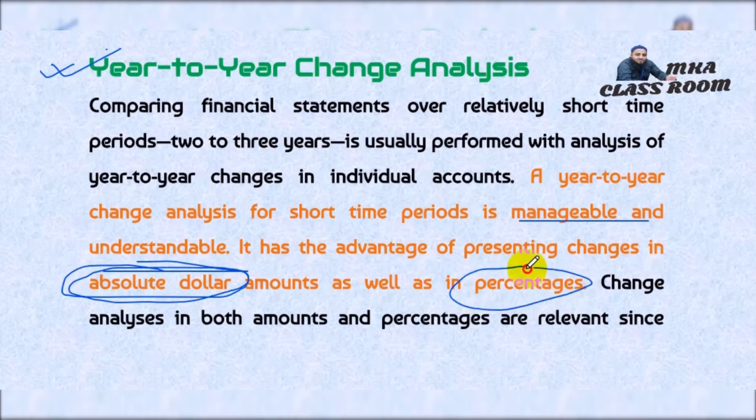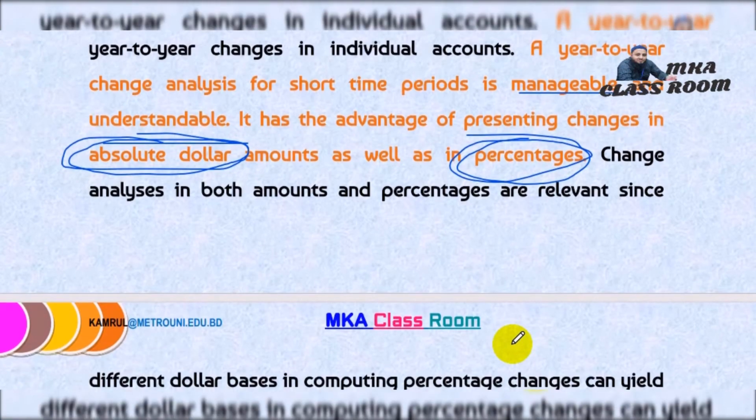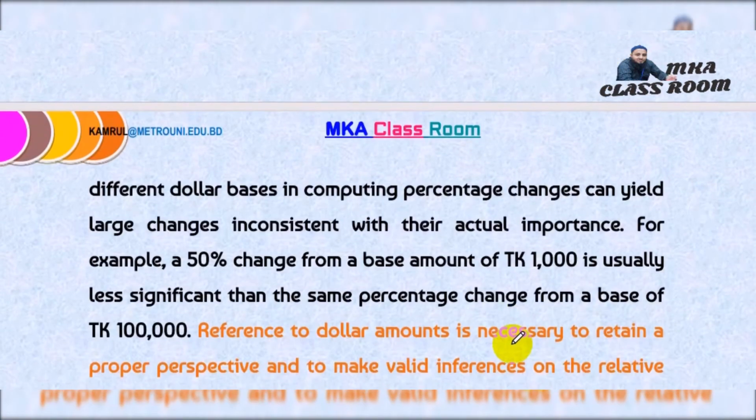So here is a very good thing. You can see the results in two ways. One is absolute dollar and another is percentage. Change analysis in both amounts and percentages is relative, since different dollar bases are used in computing percentage change, which can signal a large change inconsistent with its actual importance.